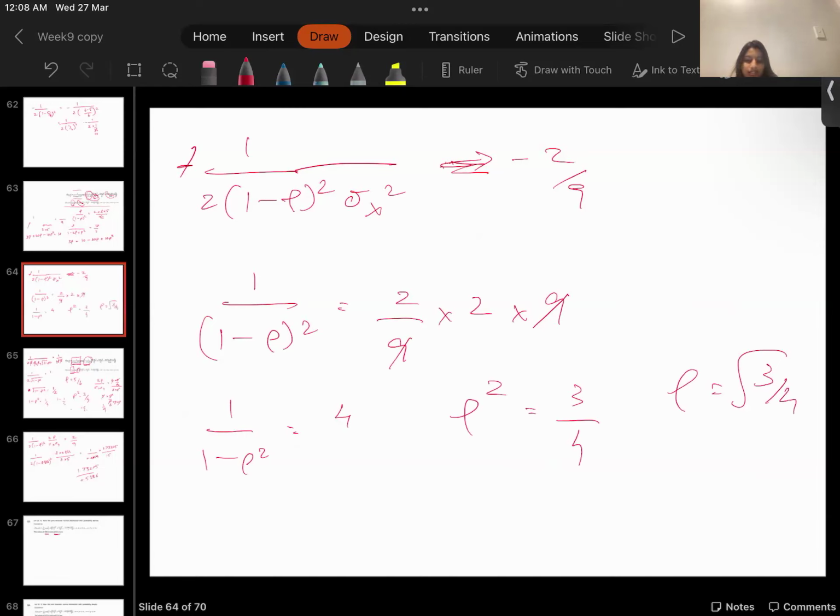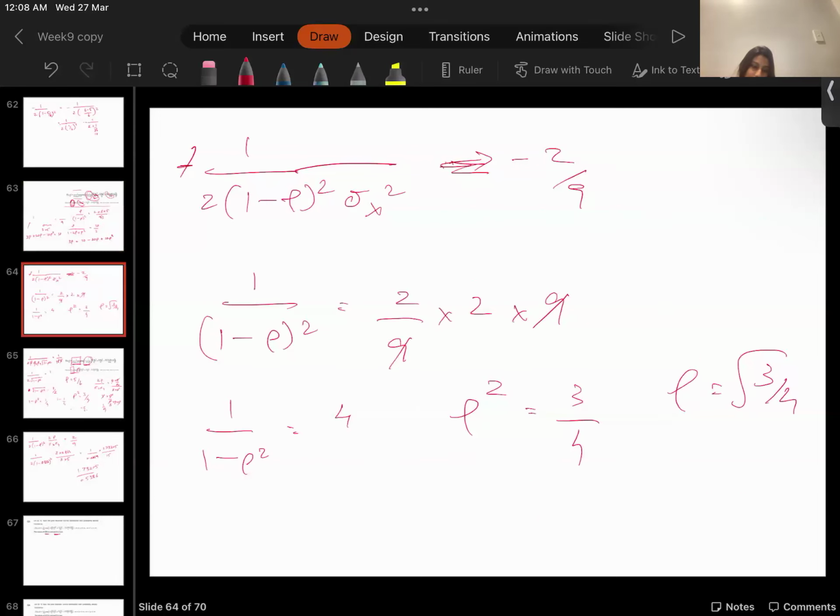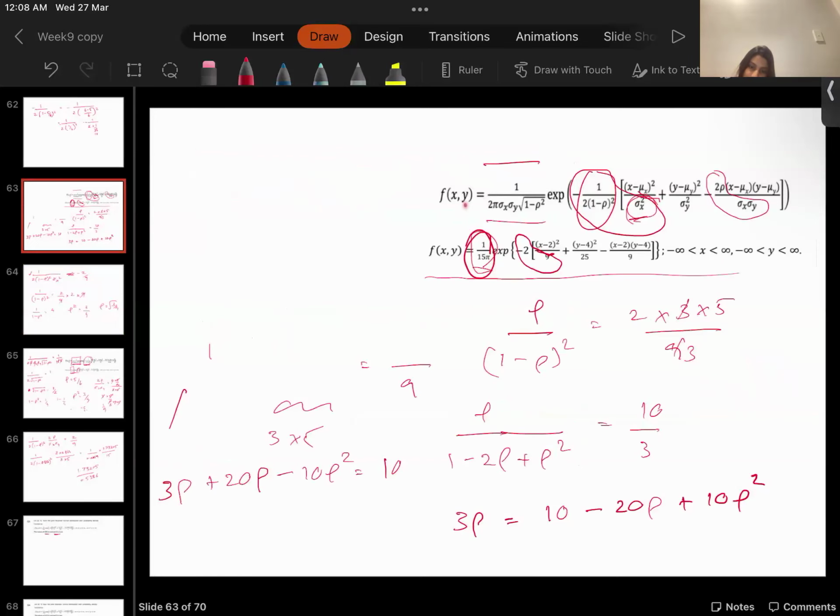But if I substitute this into the equation, I was not getting this value. If you substitute that here, you need to get 1 by this pi.